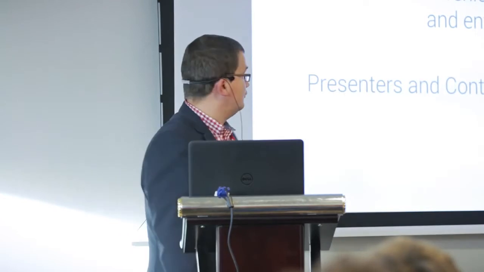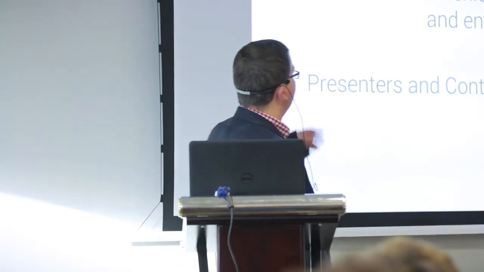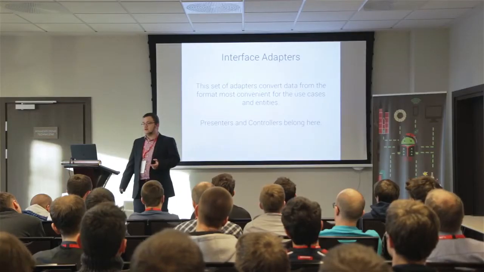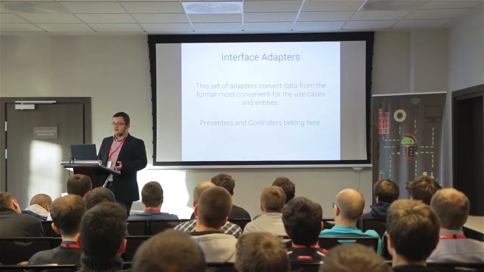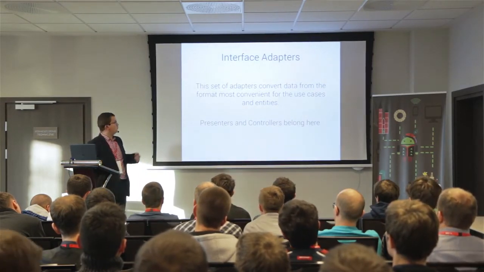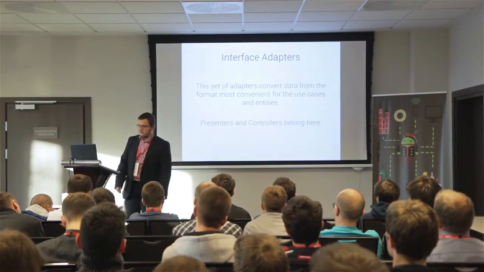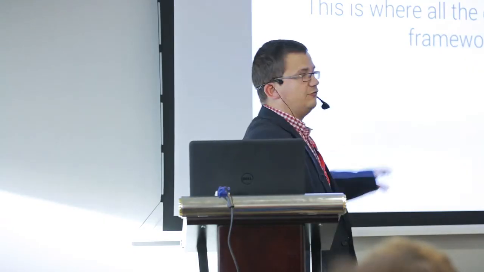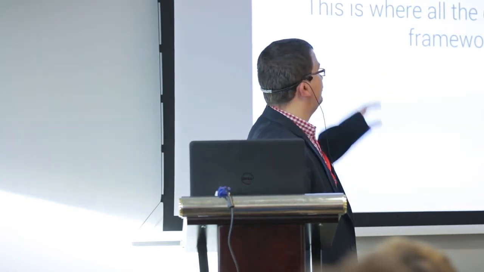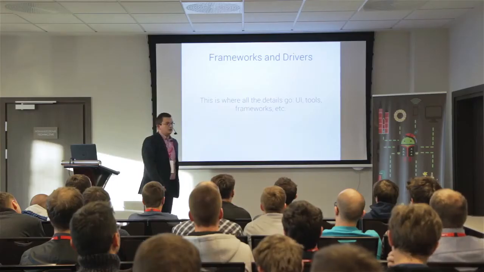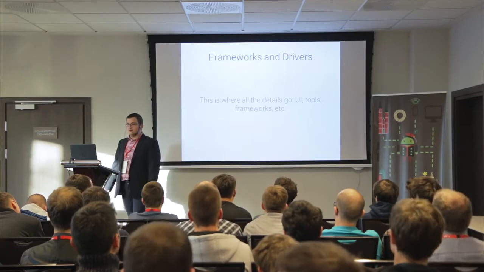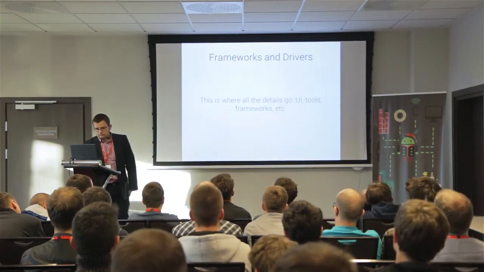This part converts data from the format and to the format which is convenient for the use cases and entities. And lastly we have frameworks and drivers, so stuff which we want to use. Here we set the UI, the tools, all of our frameworks.